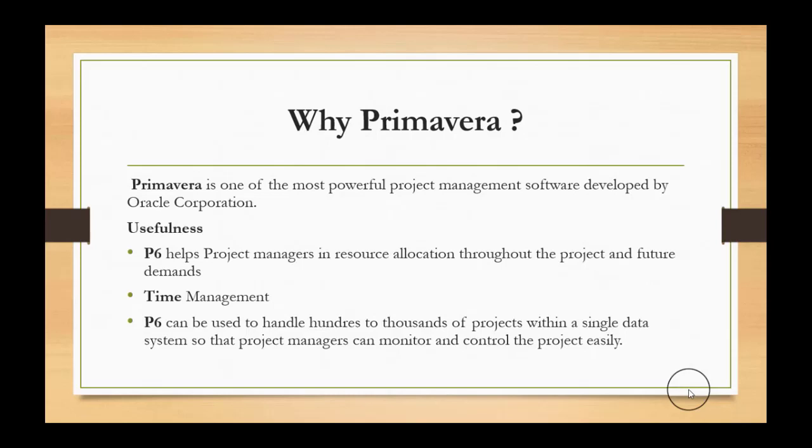These are some of the usefulness of Primavera to project engineers and project managers. Primavera, which is P6, helps project managers as well as project engineers in resource allocation throughout the entire project and future demands.